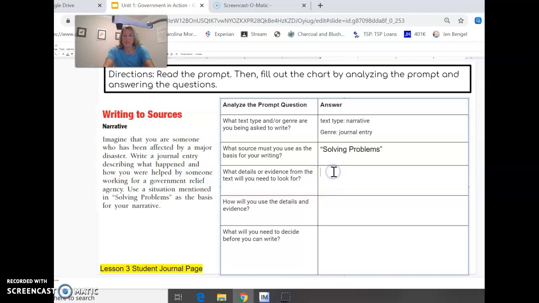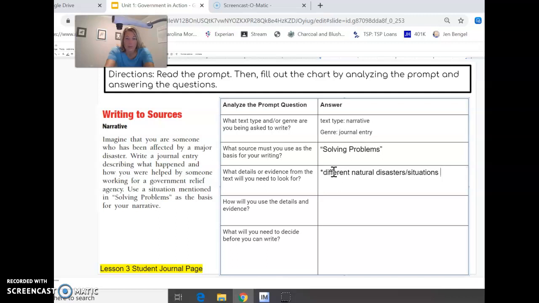So details from this story that we might be looking at might include different natural, that is not how we spell natural, disasters that the story mentions, or different situations. For example, the shellfish problem was not necessarily a natural disaster, but it was a situation.